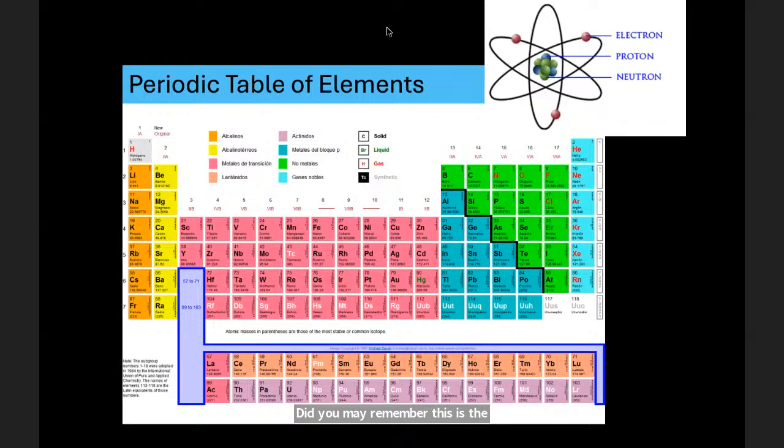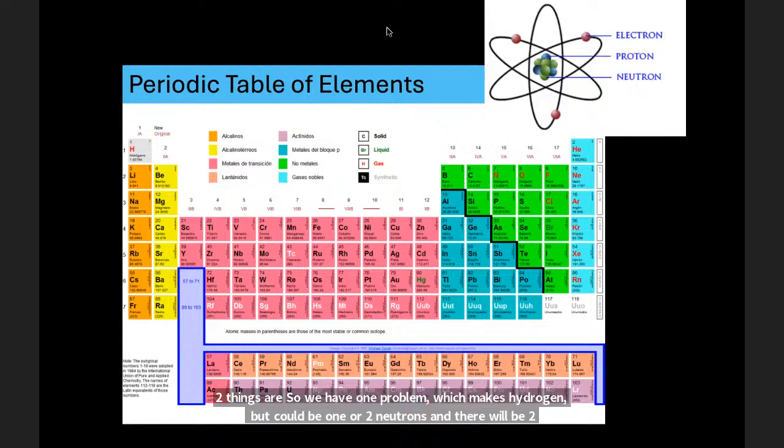But as you remember, what makes an element an element is the number of protons in the nucleus. And when we have the same number of protons but different numbers of neutrons, we call these two things isotopes. So we have one proton, which makes hydrogen, but it could have 1 or 2 neutrons, and there would be 2 isotopes.